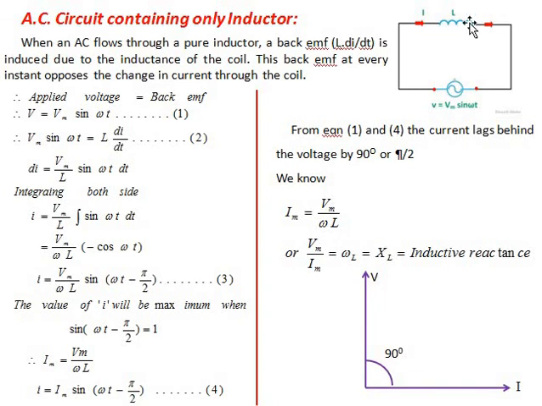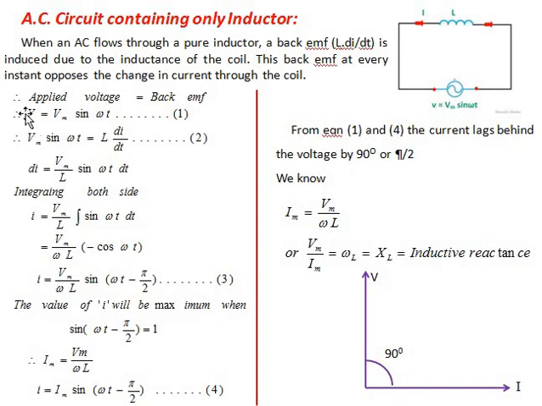Okay, self EMF will be induced inside the inductor, opposite to the direction of flow of current, and that stabilizes the flow of AC current, that is its function. So this back EMF at every instant opposes the change in current through the coil.